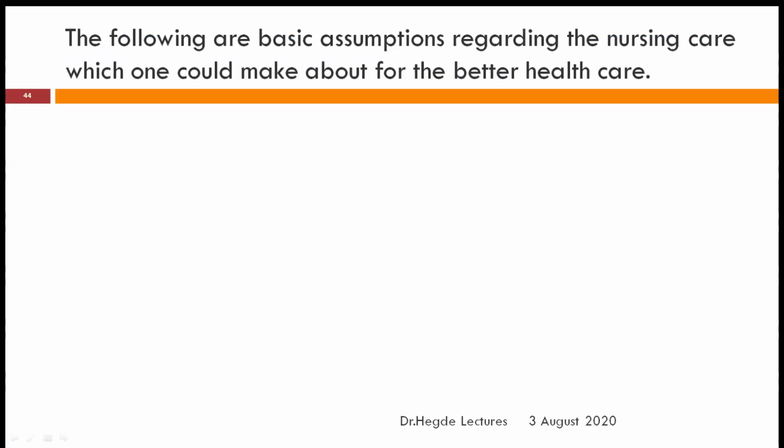The following are the basic assumptions regarding nursing care, which one could make for better health care. The purpose of any healthcare profession, whether it may be doctor, pharmacist, or nurse, is the same, that is better patient outcome. Now we are concentrating on the care which is given by the nurse.